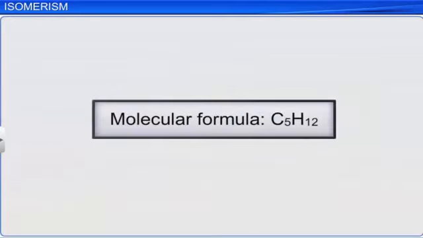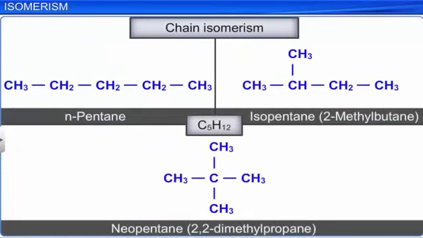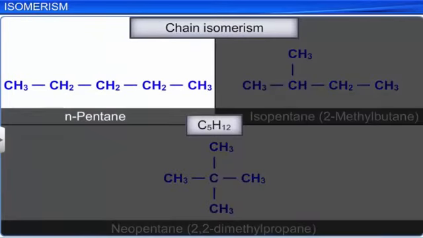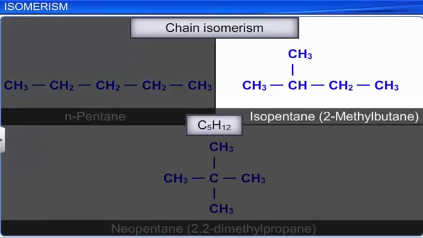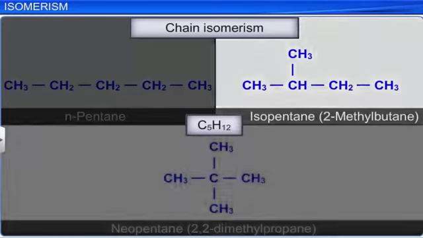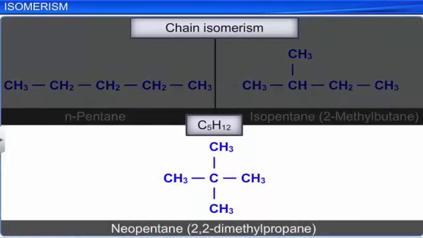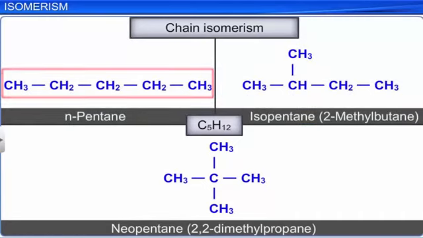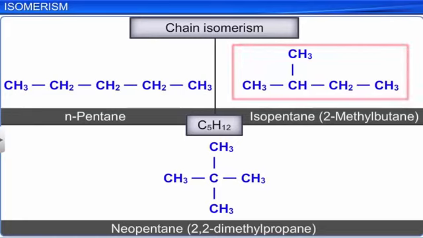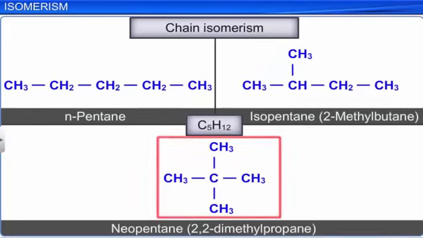For example, the following three chain isomers are possible with molecular formula C5H12. They are n-pentane, isopentane or 2-methylbutane and neopentane or 2,2-dimethylpropane. Here the carbon skeleton is different in each compound, but the molecular formula is the same.